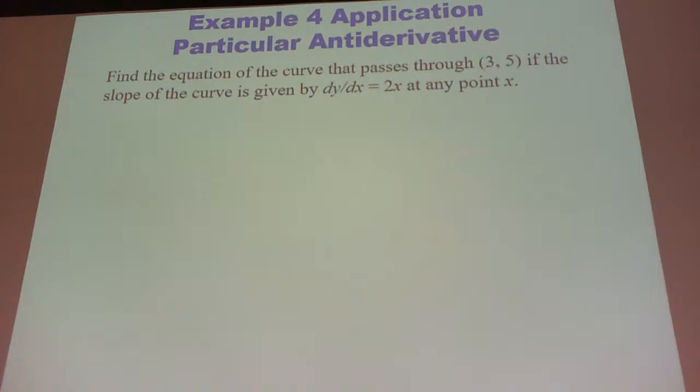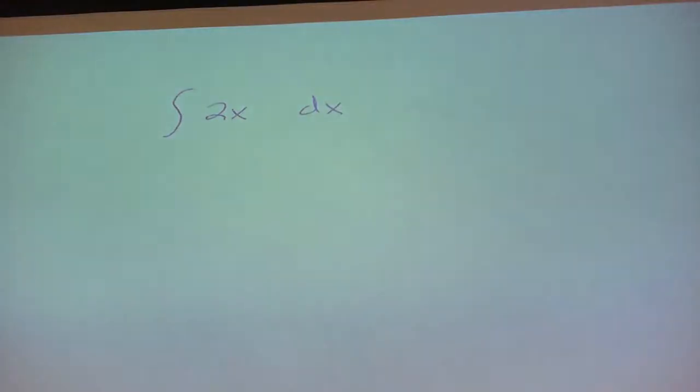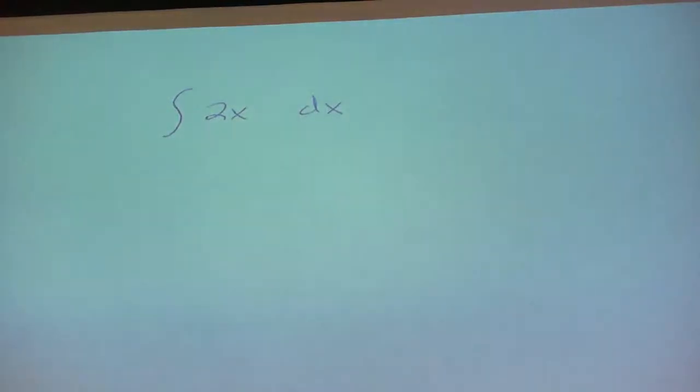So if I have dy over dx, which is the derivative of 2x, how do I work backwards? What are we going to do? We're going to take the integral of 2x with respect to x. So again, you're given a derivative, and you're asked to work backwards to the original.